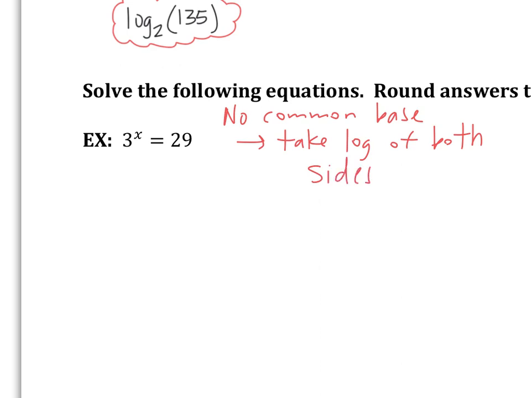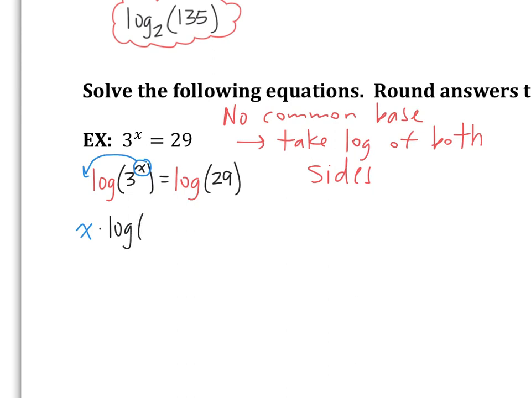That means I take the log of the left side, so it's the log of 3 to the x equals the log of 29. I just took the log of both sides. Now we're going to use any properties that we can. I notice we've got this power, so we're going to move that out front. Now that becomes x times the log of 3 is equal to the log of 29.